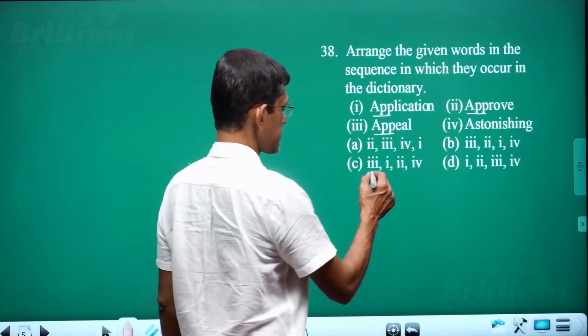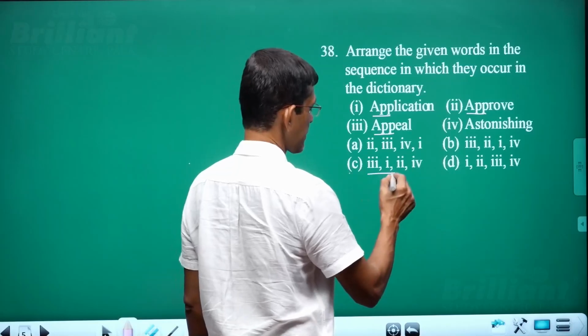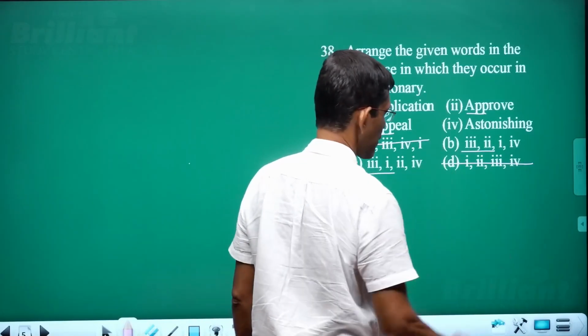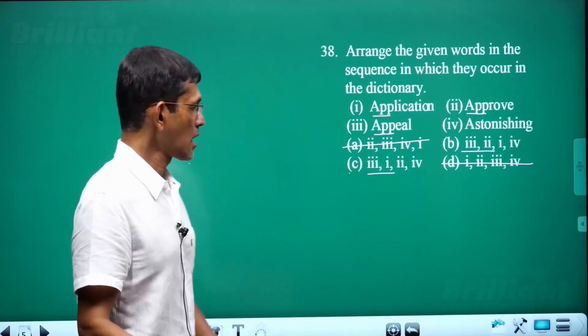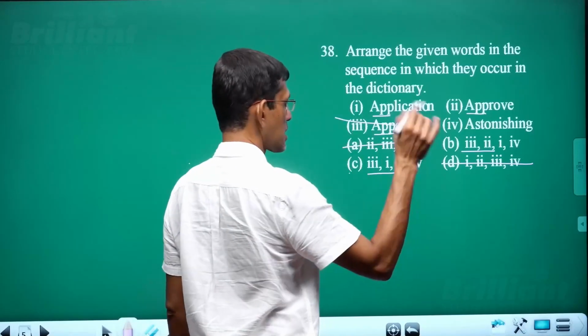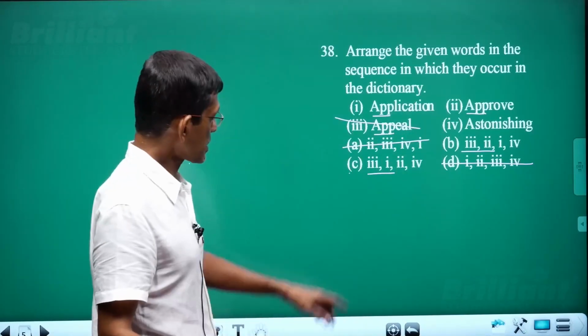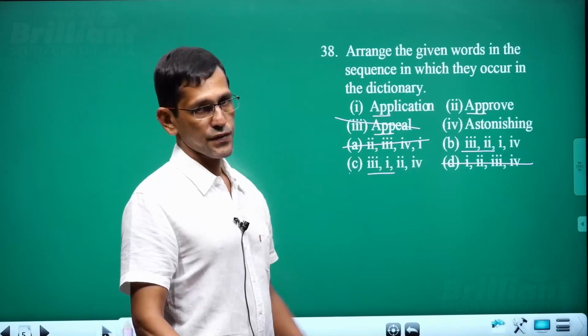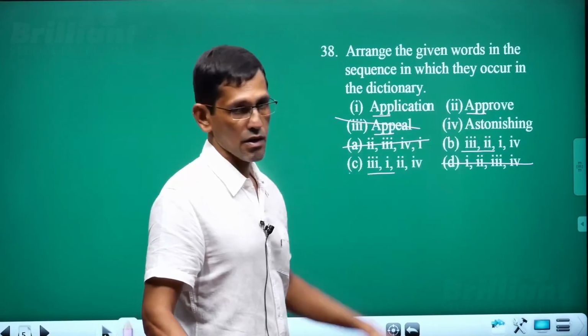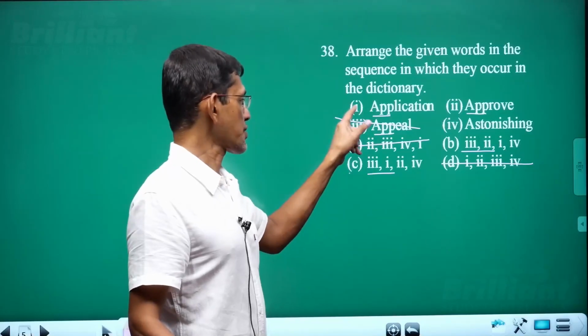So this is one of the answer choices we may have. Another possibility is this. Anyway, answer choice 1 and answer choice 4 are out. Now which one is the second word? We have taken this word out. Now is it application or approve? Definitely after P, L must come before R, right? So application. So 3, 1.